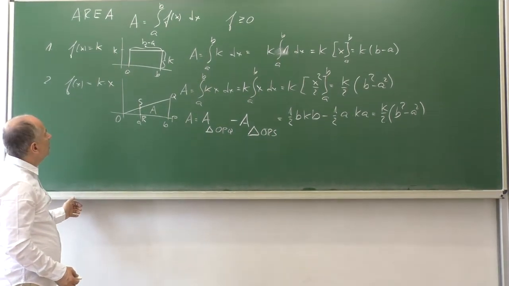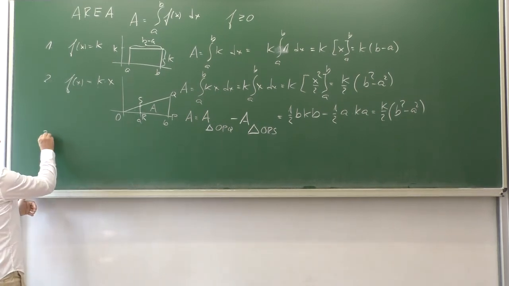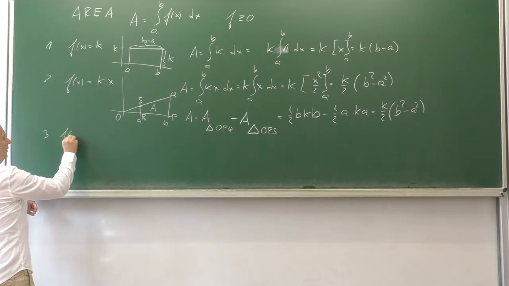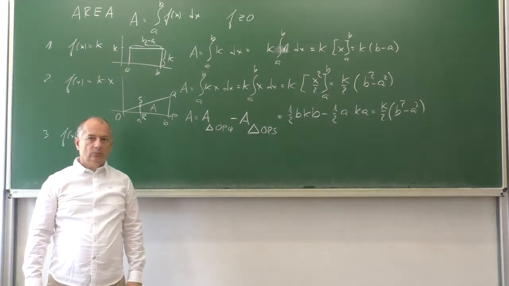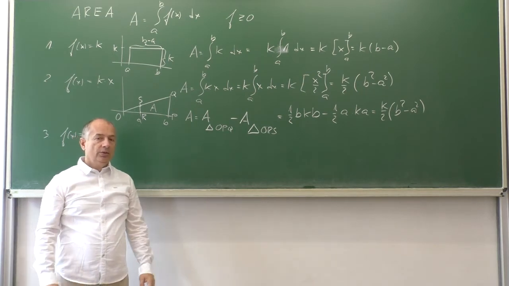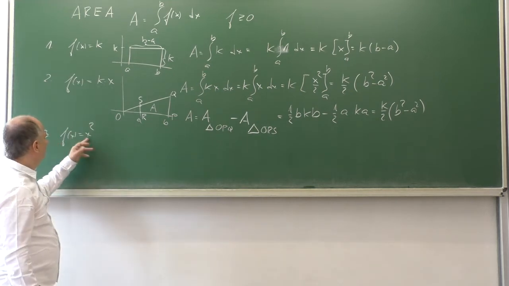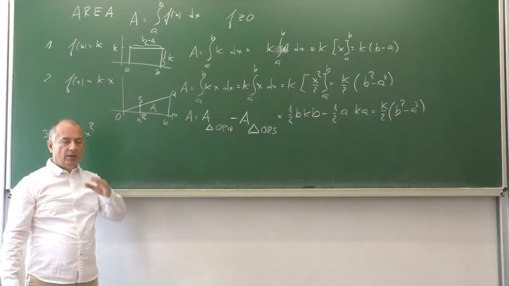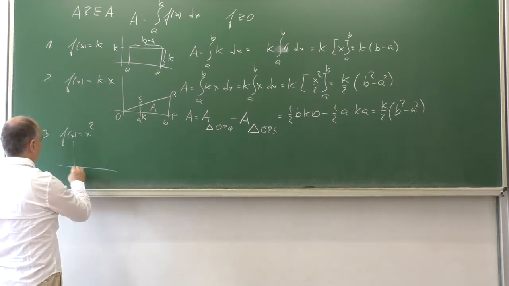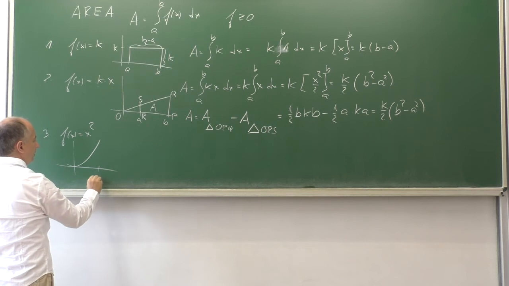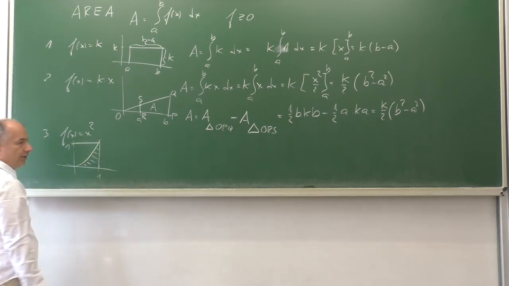Now, let's consider some perhaps more complicated function. Say f is x squared. This time we are just left with the integral approach. I don't know of any formula to find the area below the parabola. Why is x squared looks like that? And let's consider, say, the area of this region.